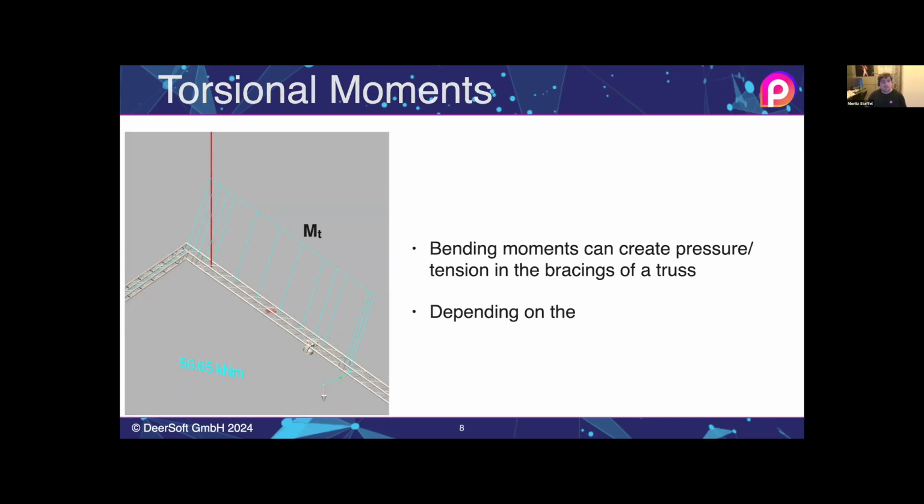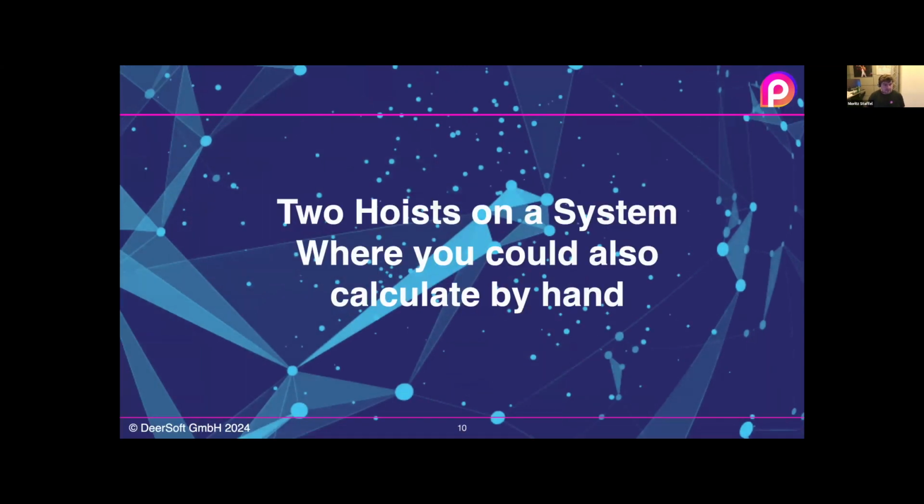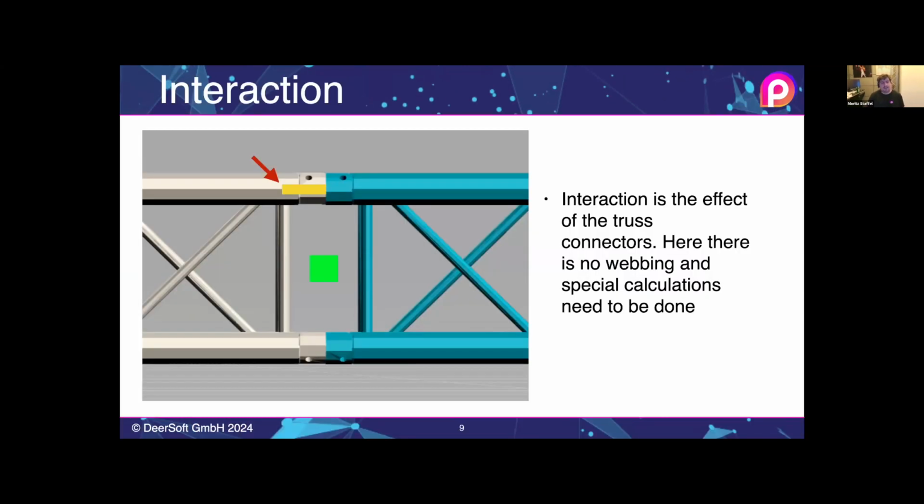Production Assist has one special check that needs to be done for trusses, in order to check if they're still able to carry the load. Here you're seeing the joint of two trusses of a spigoted truss, and the yellow part is basically the connector.